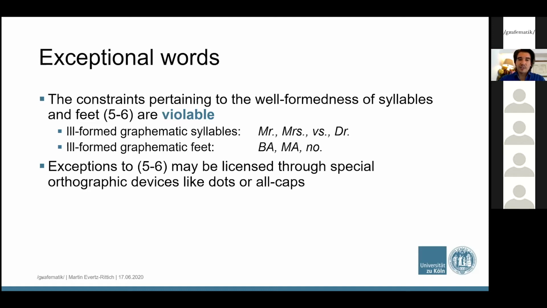Exceptions to 5 and 6 may be licensed, however, through special orthographic devices like dots or all caps. So these devices say these words may violate the constraints in 5 and 6.